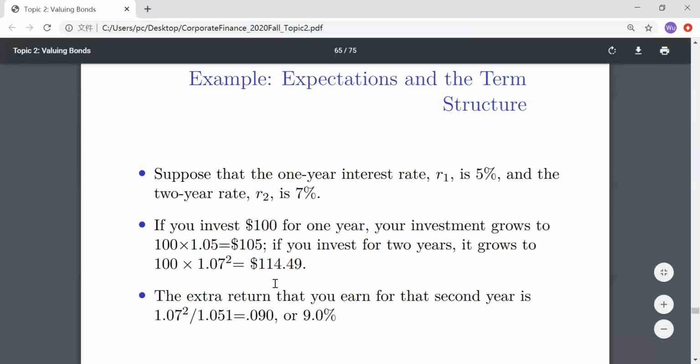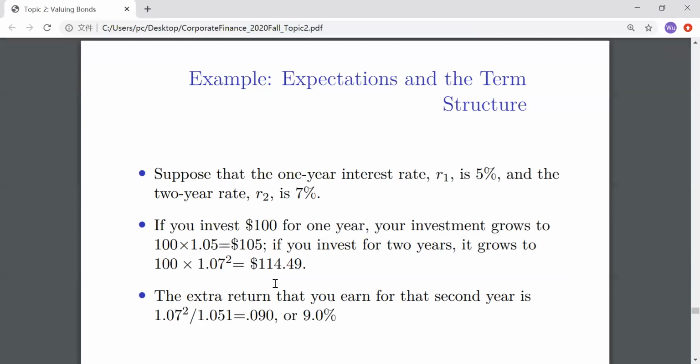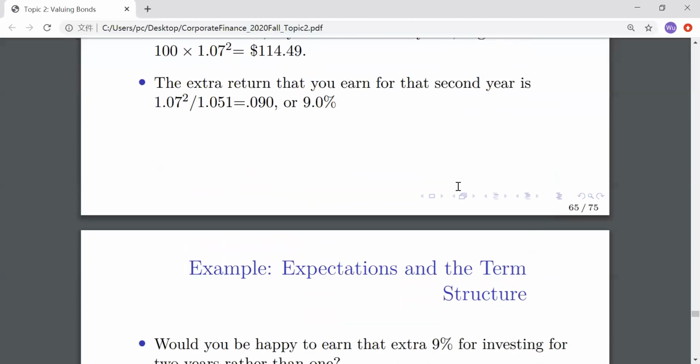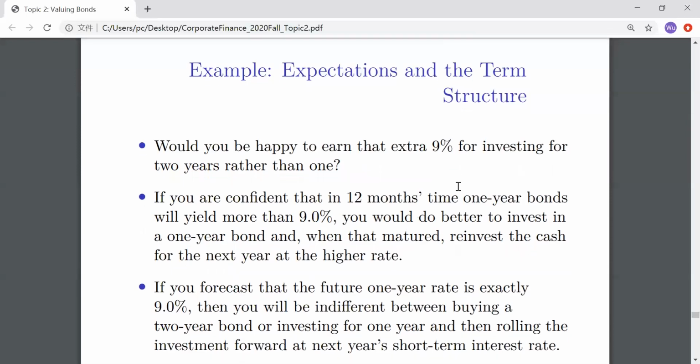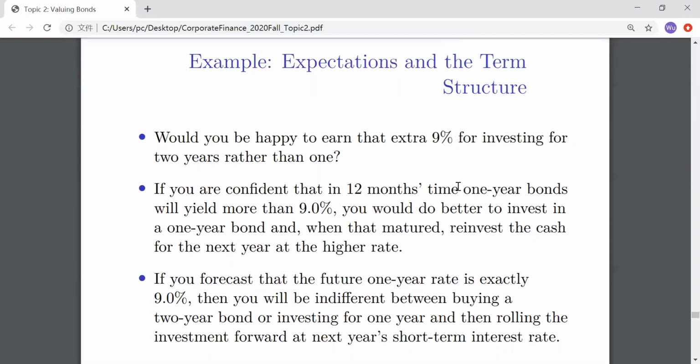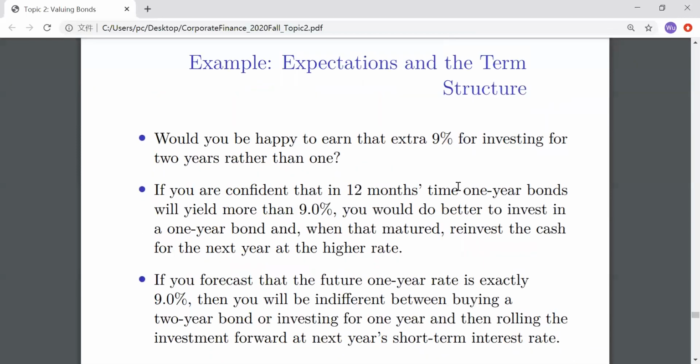Again, we are using the equation, the competitive condition for the yield curve under certainty. Remember that equation to derive the second year return. Now you can see the second year return is greater than the first year, right? So this proves that investors' expectation of the future rates is going to be higher. This example essentially shows you that this expectation hypothesis is actually not very realistic, right?